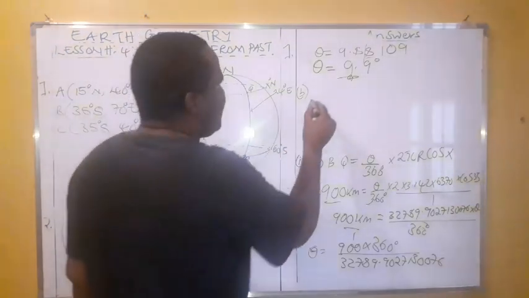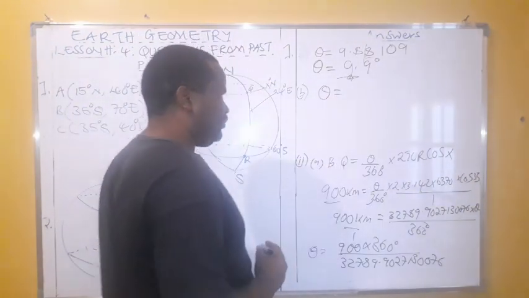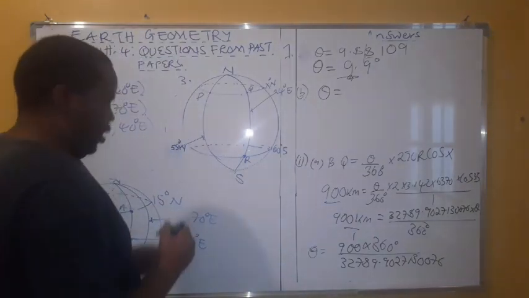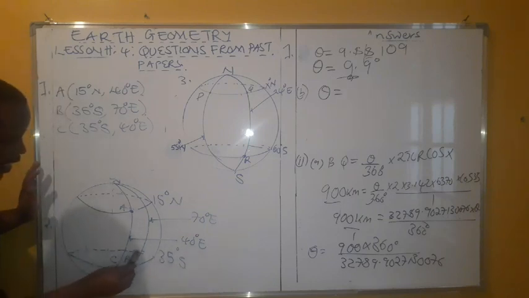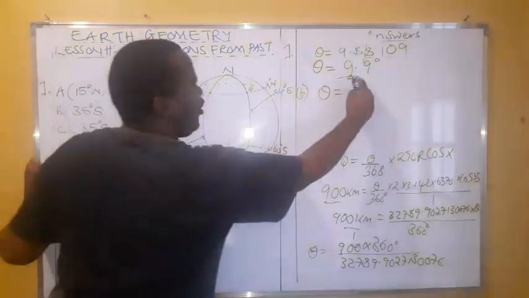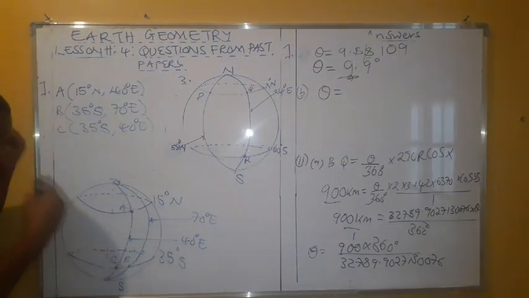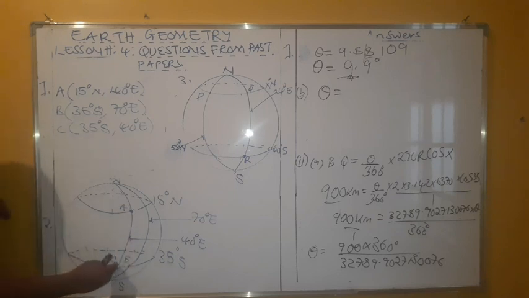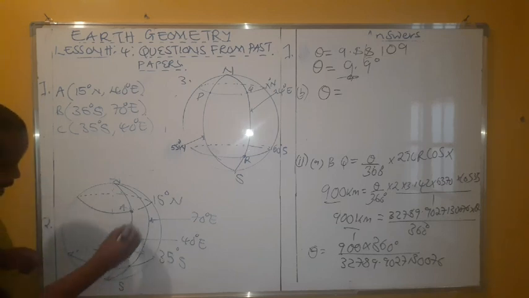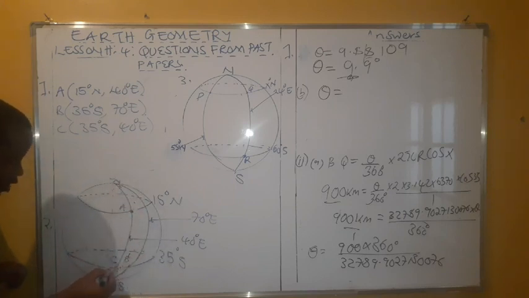Meaning that to get theta, because we are saying the difference in longitudes between these two is 9.9, we also realize that this Q is on this side. This airplane flew from point B towards the west, meaning that point Q should be this side, maybe somewhere in between or somewhere here.